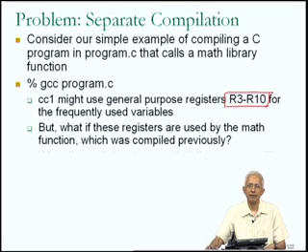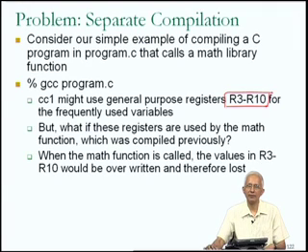Therefore, there is a problem here in that every time a math function is called from within my program.c during the execution of the program, values which were assumed would be available in R3 through R10 will disappear. They'll be overwritten by other values, and the program will not do what I thought it was going to do.